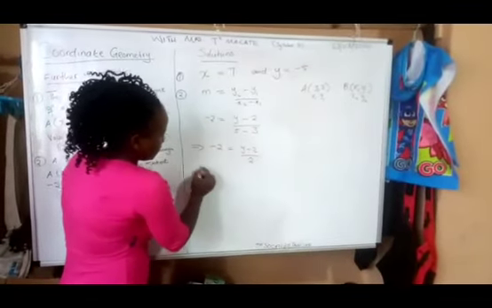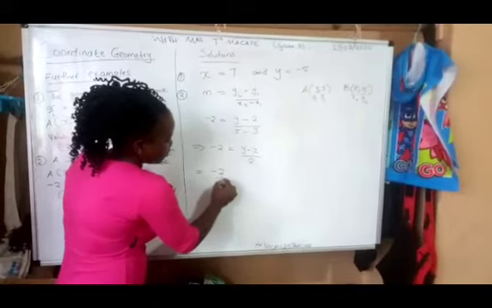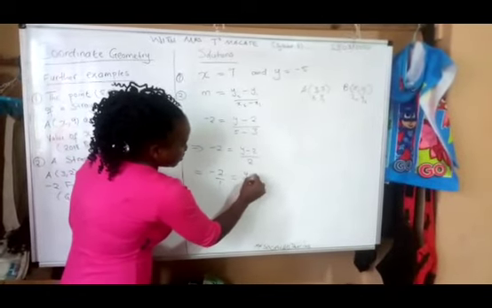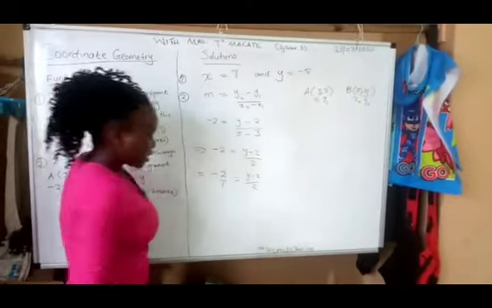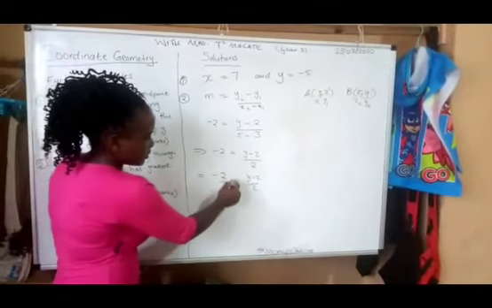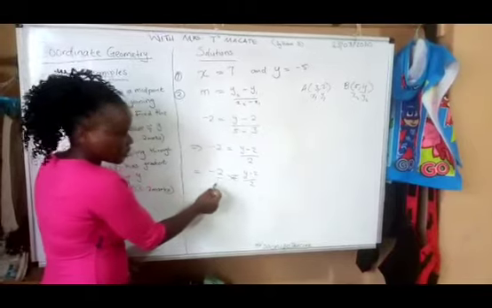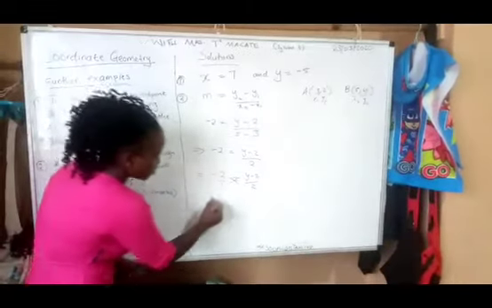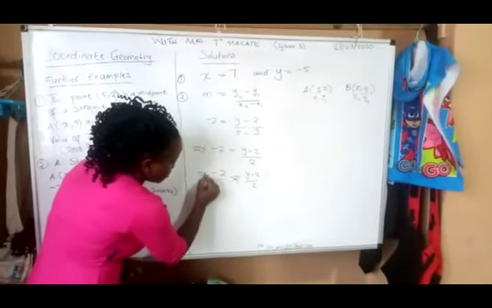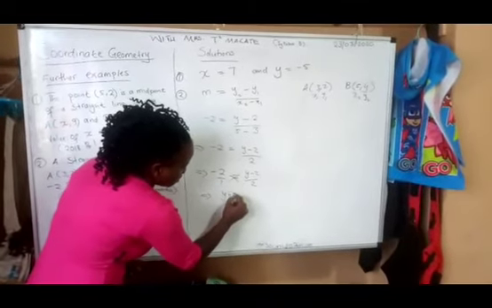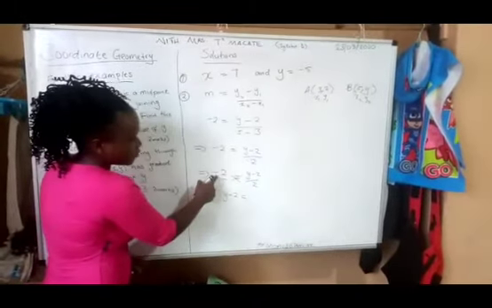So we have -2 over 1. Again, we cross multiply. So what you have is y minus 2 times 1, which will still give us y minus 2. And -2 times 2 will give us -4.